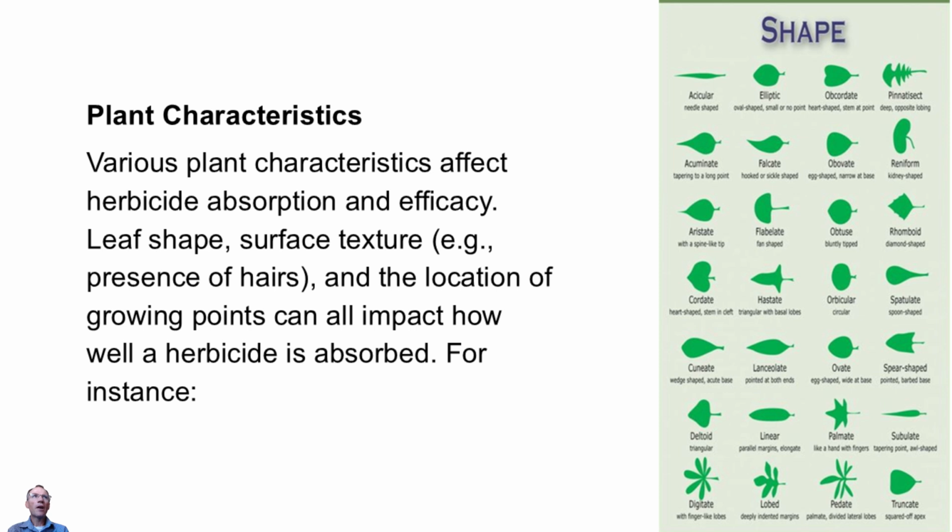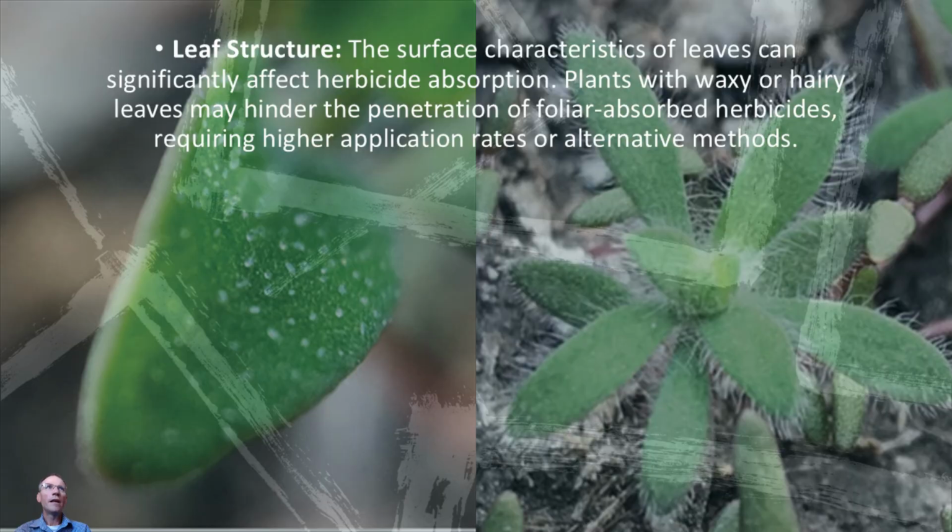Think about plant characteristics. Various plant characteristics affect herbicide absorption and efficacy. Leaf shape, surface texture, e.g. presence of hairs, and the location of growing points can all impact how well a herbicide is absorbed. For instance, leaf structure. The surface characteristics of leaves can significantly affect herbicide absorption.